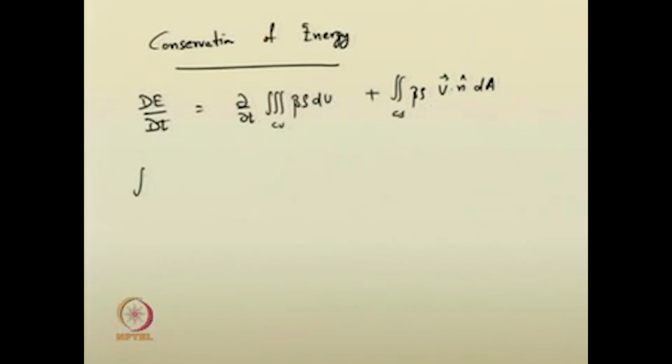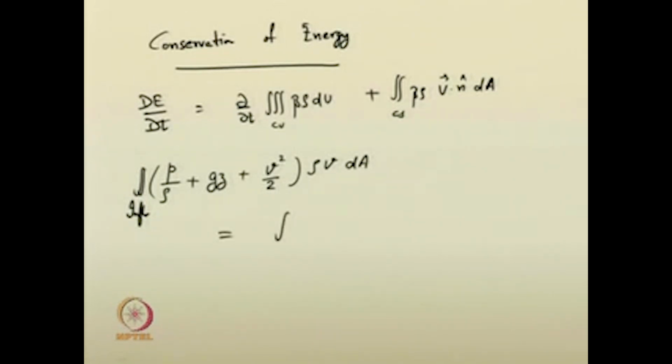In the inflow section, the intensive property is given as P by rho plus G z plus V squared by 2, times rho V dA.